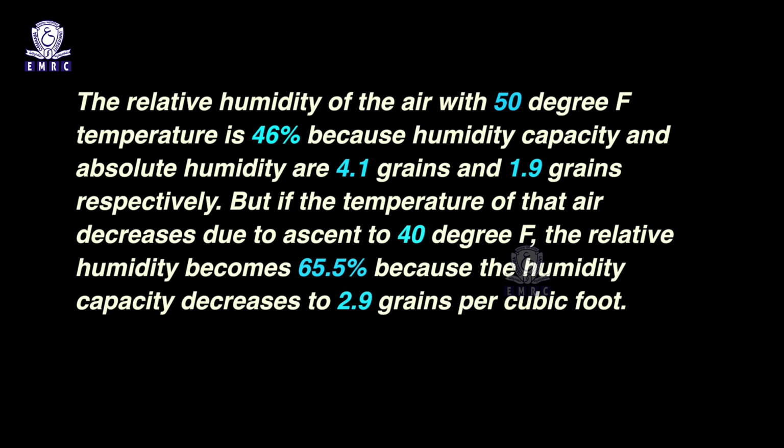But if the temperature of that air decreases due to ascent to 40 degree, the relative humidity becomes 65.5%, because the humidity capacity decreases to 2.9 grains per cubic foot.